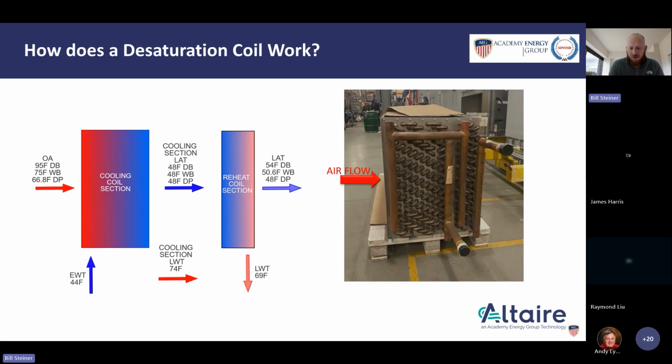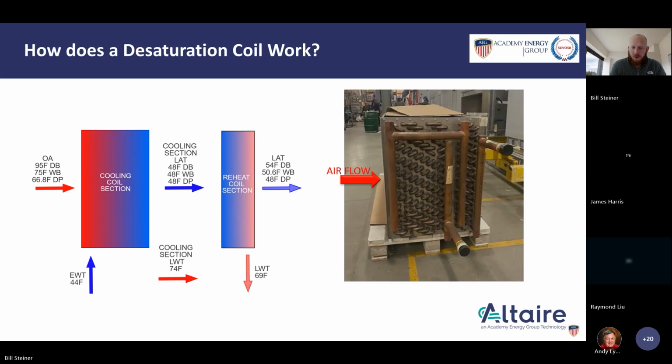But then our overall delta across the coil, again, because we're putting some of that heat back, is going to be 20 to 25 degrees total delta T on the water side. So what that means is because we can reject more heat into that water, we need less water, which is less water consumption. So another way that this is an efficient system. Are there any questions on how a desaturation coil works?